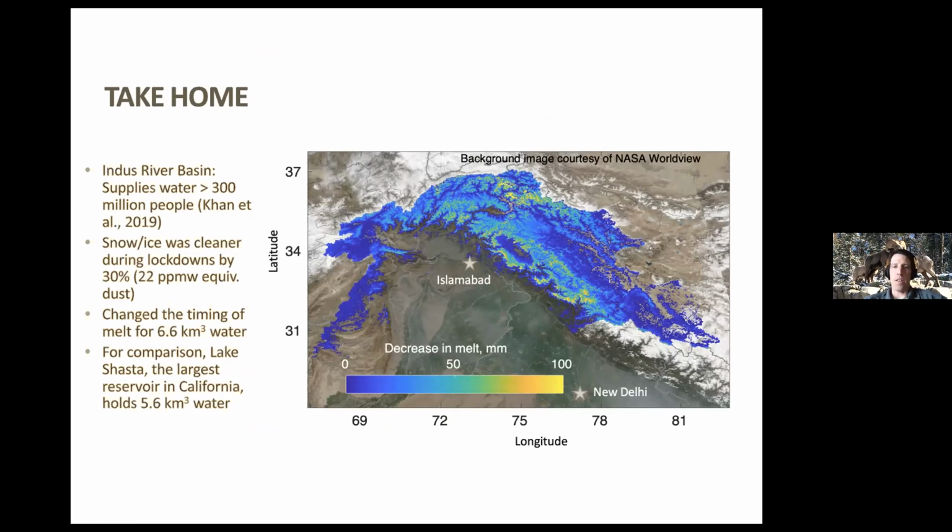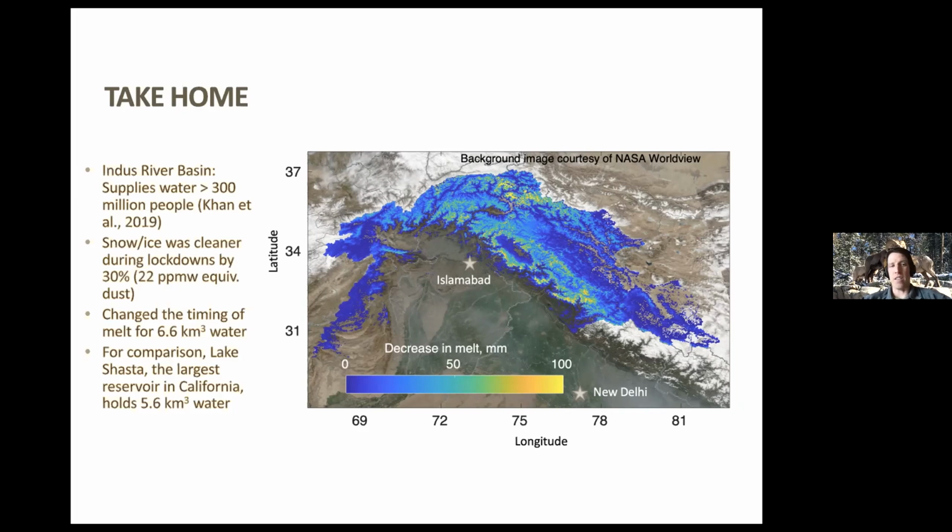So there you can see Islamabad, New Delhi, and the Indus, and what that image is showing is some modeling results showing the decrease in melt that we found from having a cleaner snow and ice cover during the lockdowns in 2020 compared to the past 20 years, because MODIS has a pretty long record length now.